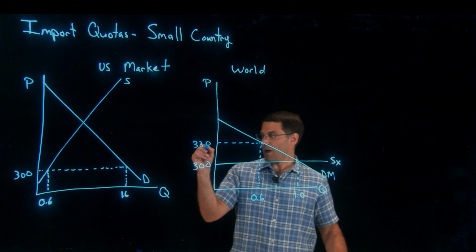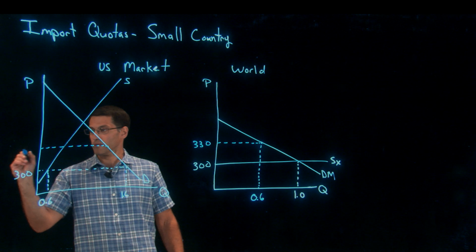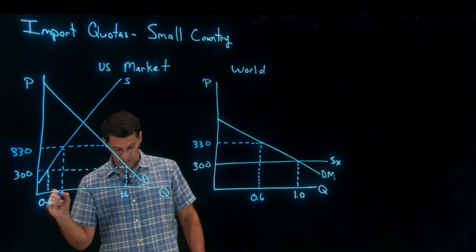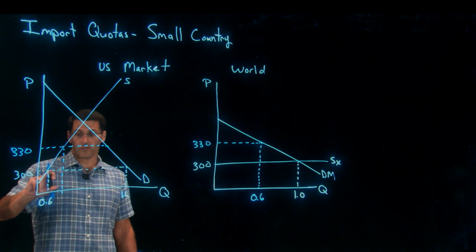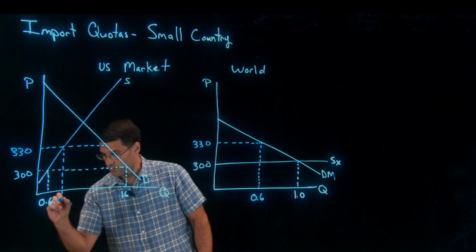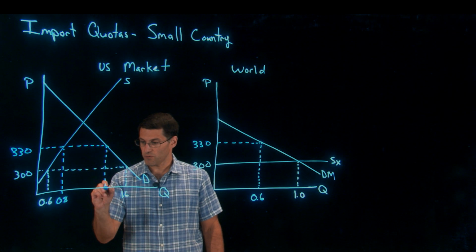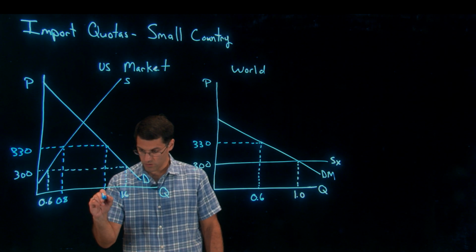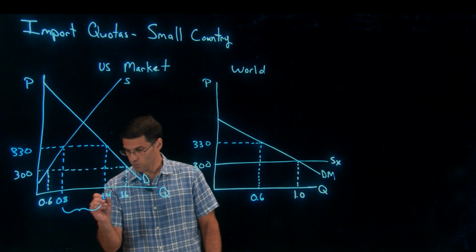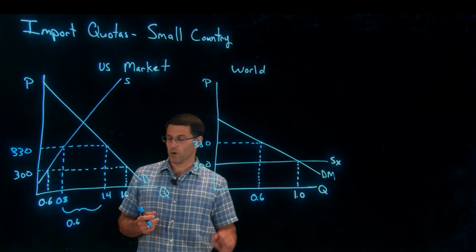So we could take that price now into our domestic market, price of 330, and at those prices, the price goes up, that means domestic producers are willing to produce and sell more, so that comes out to 800,000. So quantity supplied increases, the quantity demanded falls, and it's going to fall to 1.4. Our new quantity of imports is 1.4 minus 0.8, or 0.6 million, 600,000, as we see in the graph on the right.